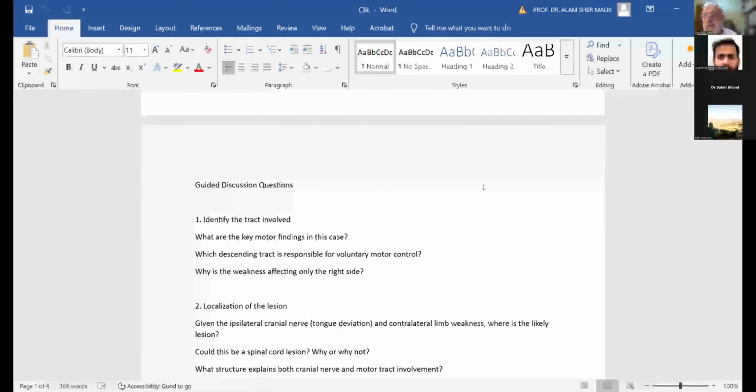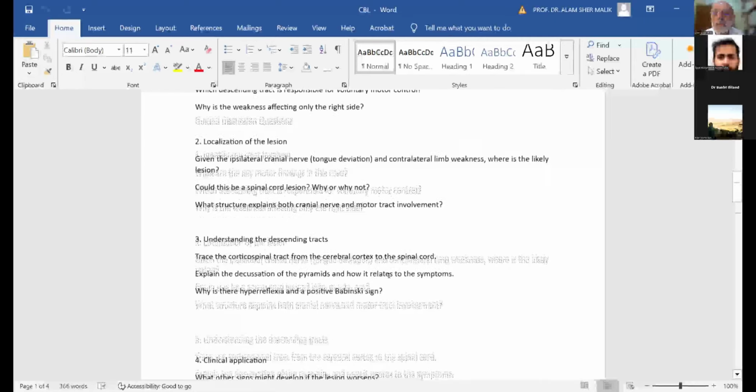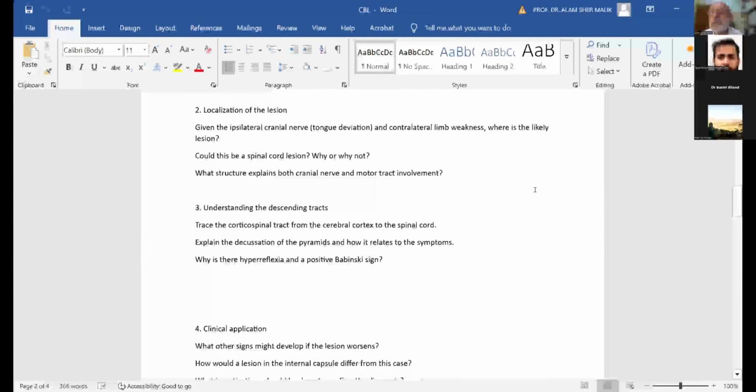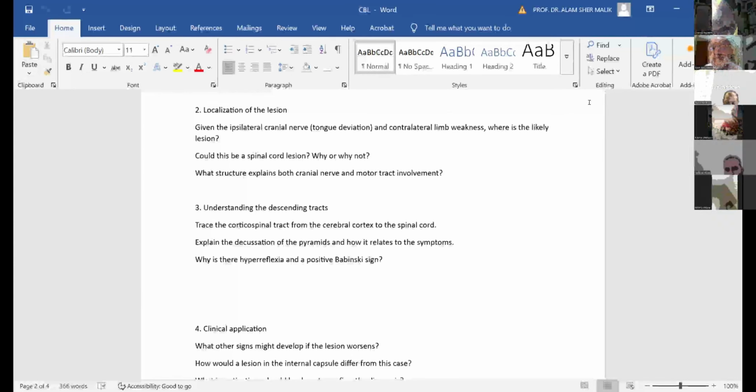Then we have this case presentation, and I think Dr. Hamse's was a good case presentation, and then we have a couple of examples of MEQ. So the good thing about this group work is that we have covered all three formats of case-based learning. All right. Any questions? Anybody has any questions or comments?